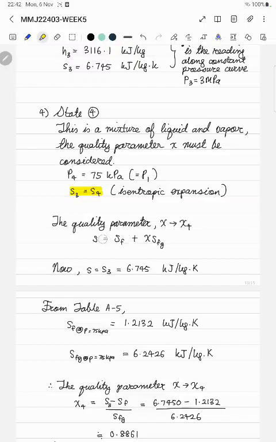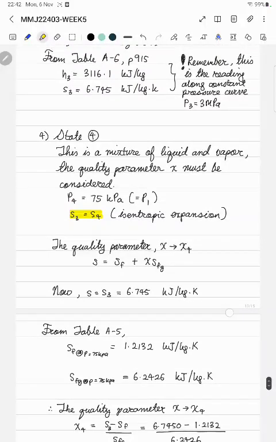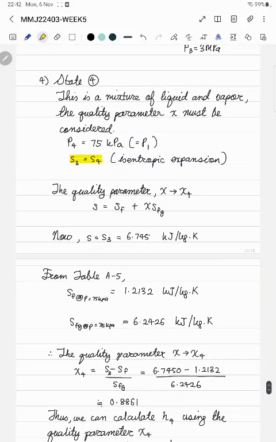We can calculate it from the entropy of the fluid and the entropy of the fluid mixed with gas. The g here stands for gas. So you can get this Sf and Sfg reading from table A5, and table A5 is the reading for entropy at constant pressure.